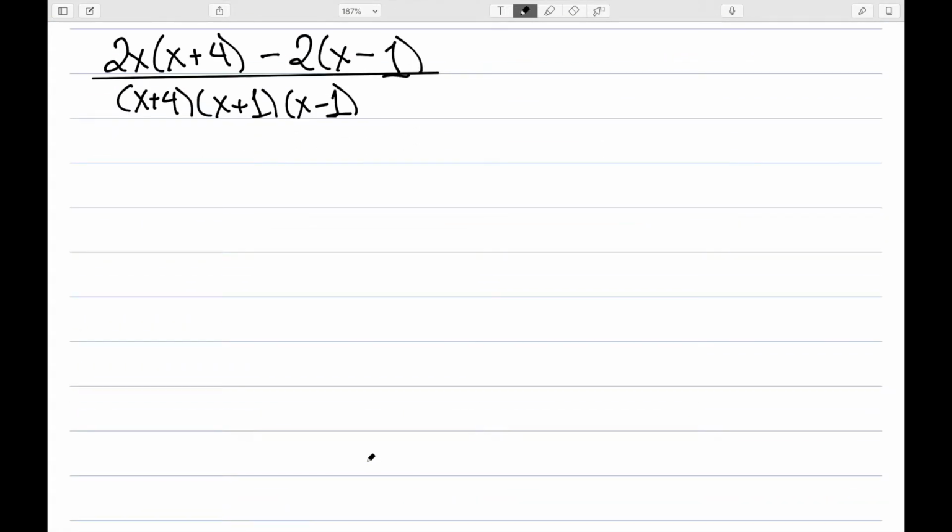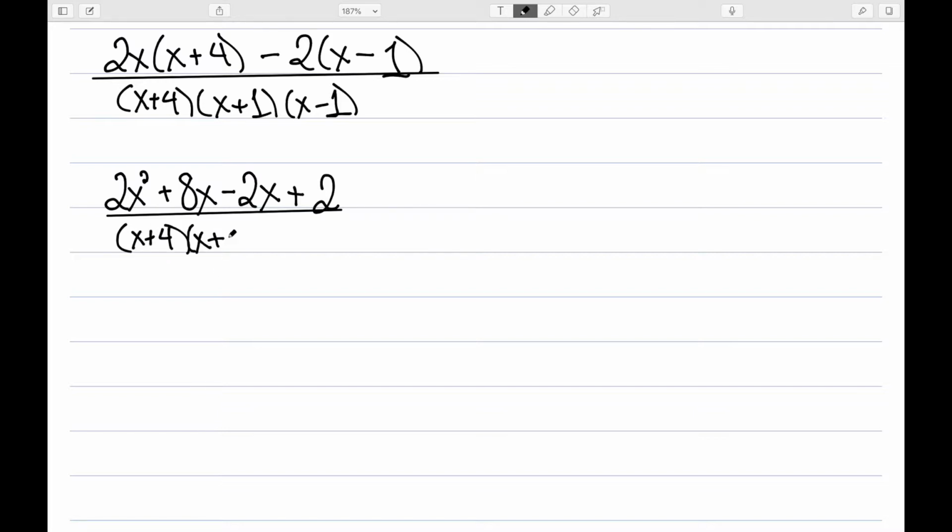Scrolling down a little bit, I can start distributing out the numerator. 2x times x is 2x squared. 2x times 4 is 8x. I then have minus 2 times x, and negative 2 times negative 1 is positive 2, all over x plus 4, x plus 1, x minus 1.